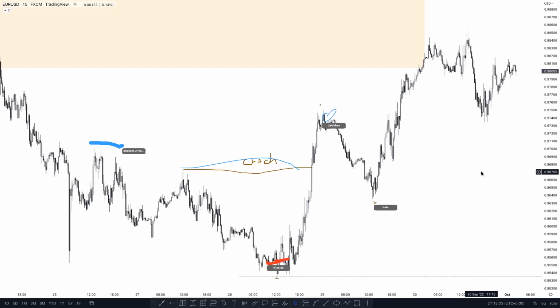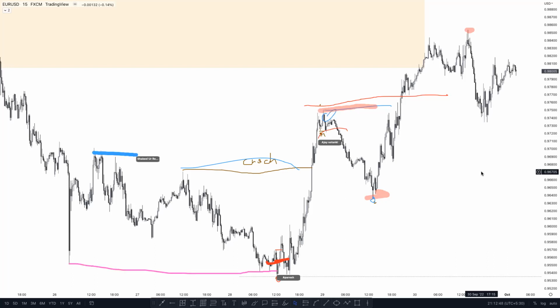Also mark the previous recent BOS, because the market was bearish. Only mark the major high or low only.